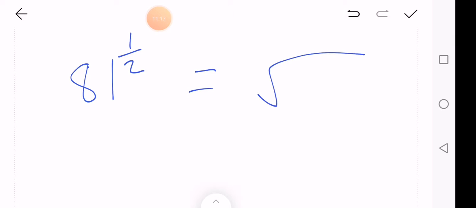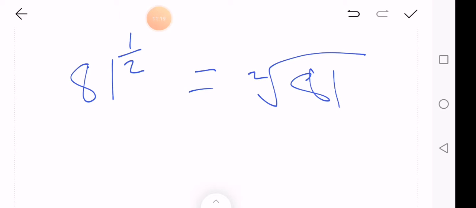Maybe let me make another example. If we have 81 to the power 1 over 2, this means we have to look for a number that, when multiplied by itself 2 times, gives us 81. So we're looking for the square root of 81.